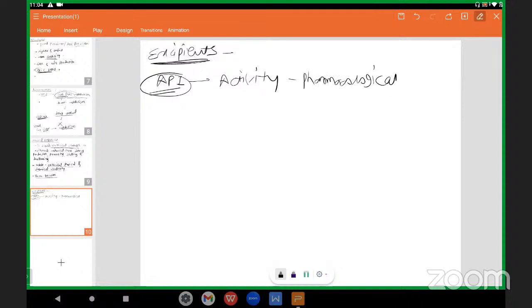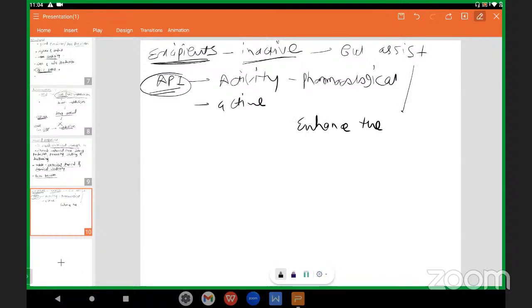And excipients are inactive molecules which do not have any pharmacological activity, but they assist or enhance the tablet or formulation characters. Are you getting my point?